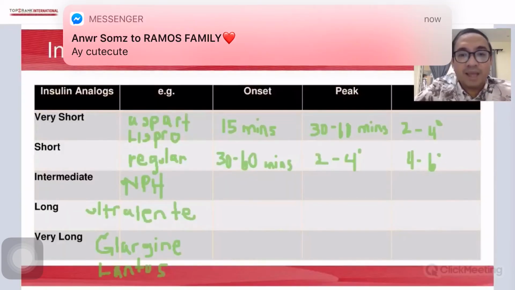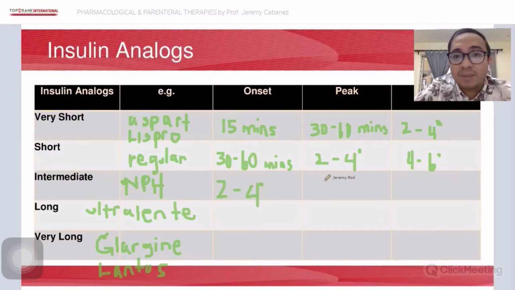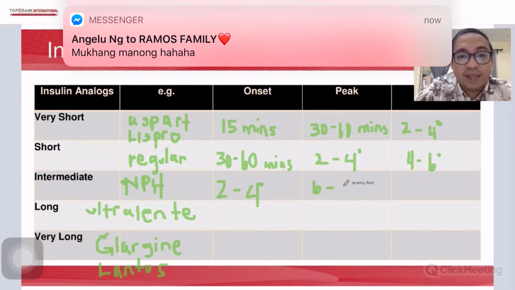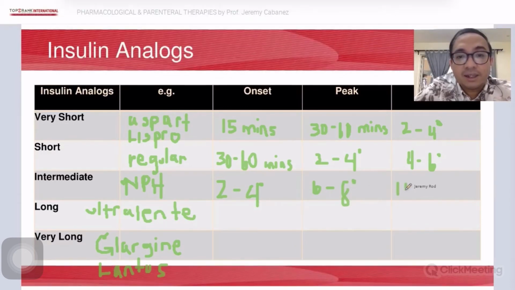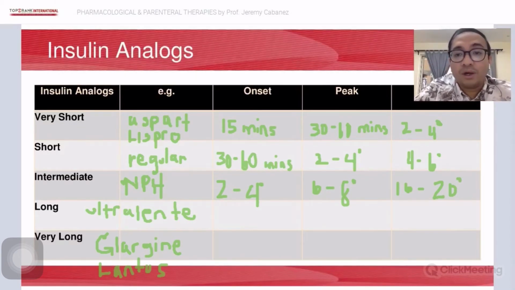Okay, let's talk about NPH. NPH, onset, 2 to 4. What is the peak? The peak is 6 to 8 hours. What's the duration? It is around 16 to 20. So what's the number combination for your NPH? 2 to 4, 6 to 8, 16 to 20.